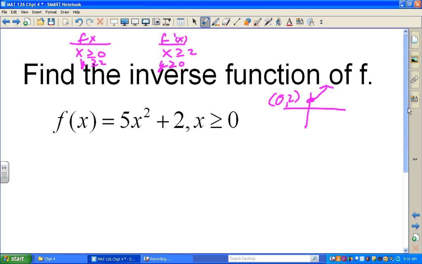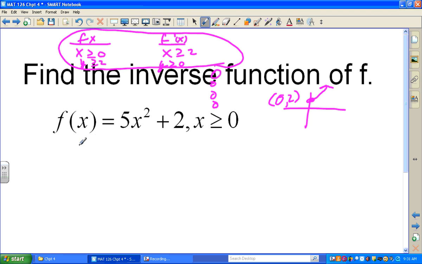Now all we got to do is find the inverse. Why do I put that up here? Well, because whenever you have a restricted domain, it's a good idea to have that thought in your head when you're working out the problem algebraically. It saves you some time and trouble.